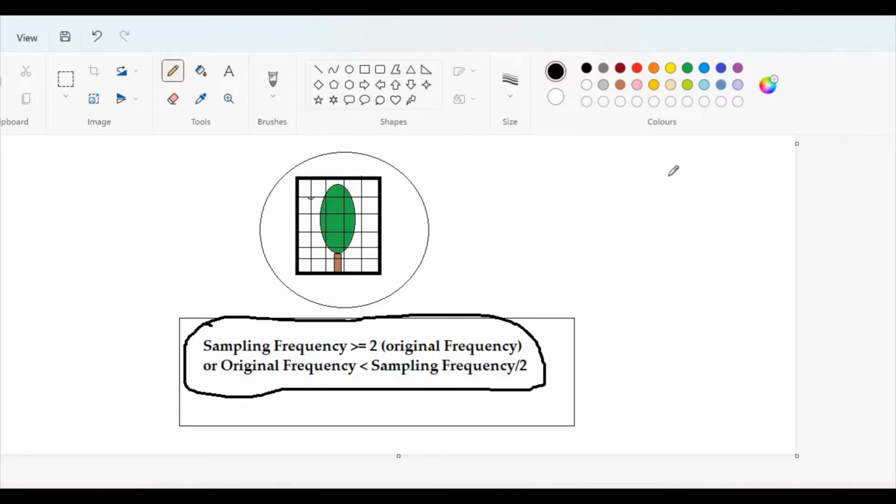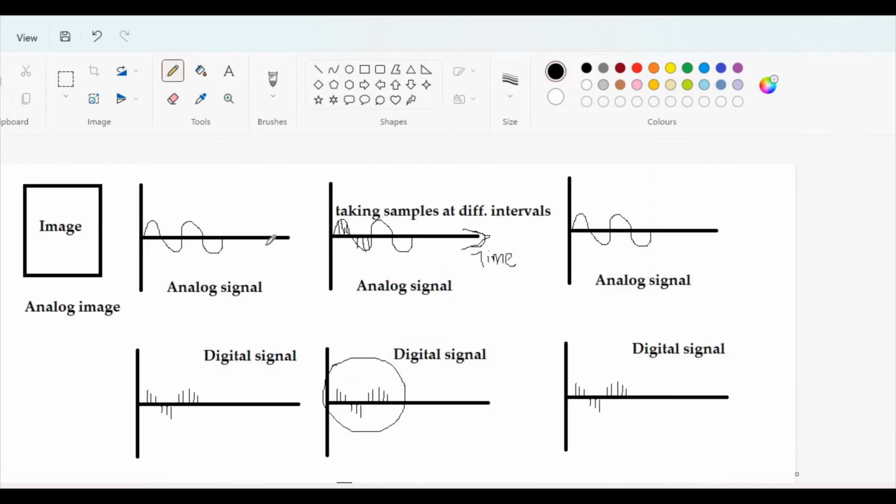Your sampling frequency should be more than or equal to twice the original frequency, or your original frequency should be less than half the sampling frequency. When you come across numericals, in the original signal, do you think the frequency will be the same?